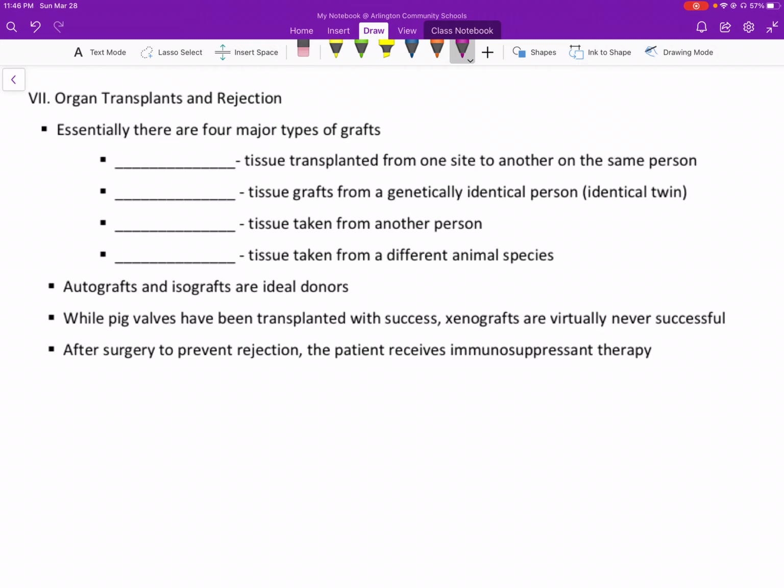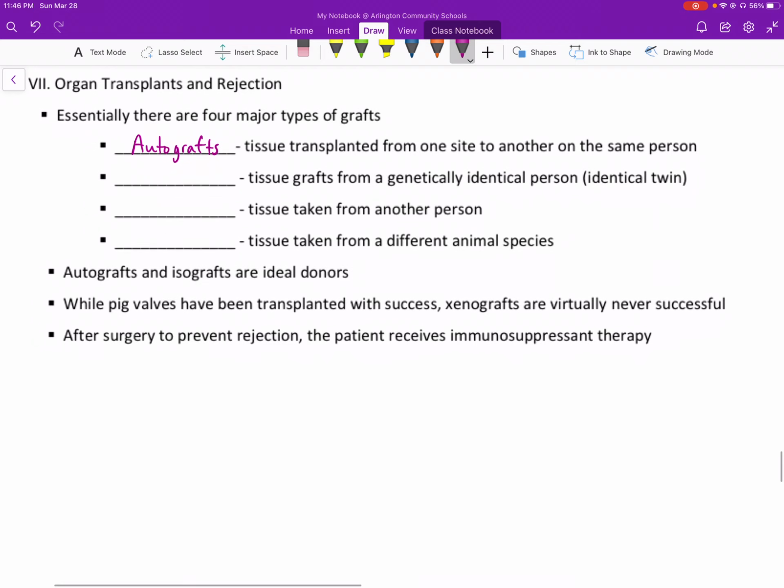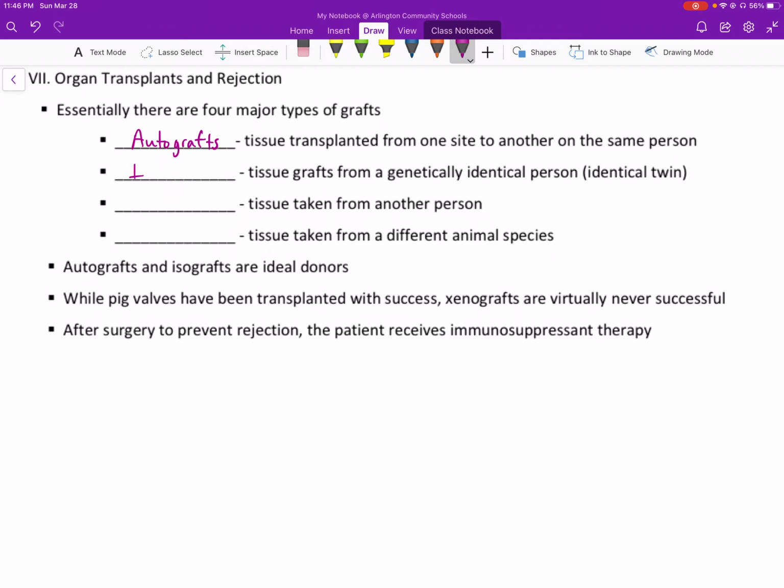And then we have organ transplants and rejections. Essentially there are four major types of grafts. We have autografts, which come from self, because auto means self. We have isografts, which are from a genetically identical person, or in this case, an identical twin.